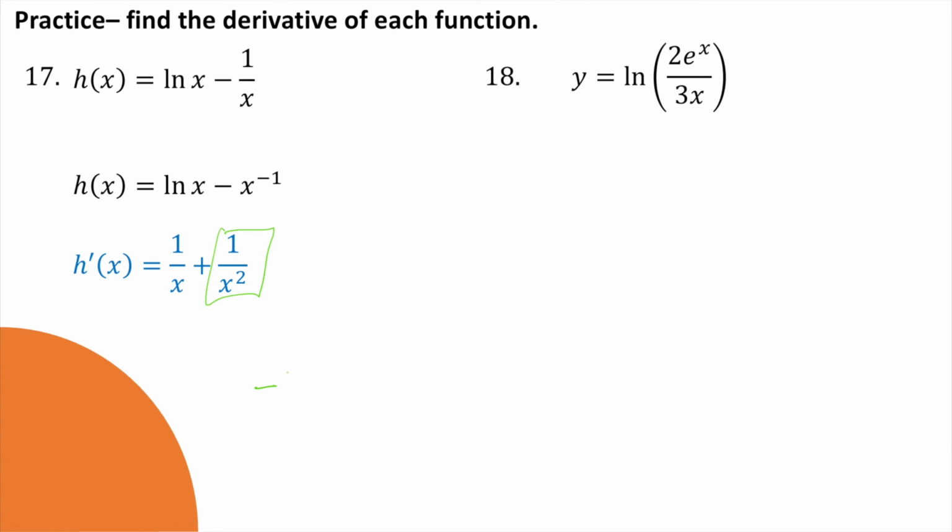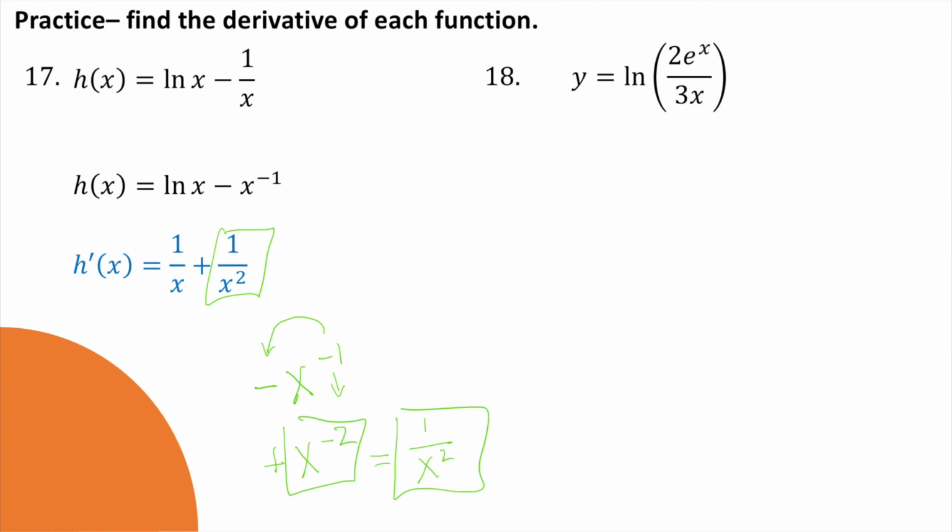If you have negative x to the negative 1, the negative 1 comes forward, so now it's positive, and then drop the exponent by 1. So negative 1 minus 1 is negative 2. And x to the negative 2 is 1 over x squared. Either of these forms is acceptable.